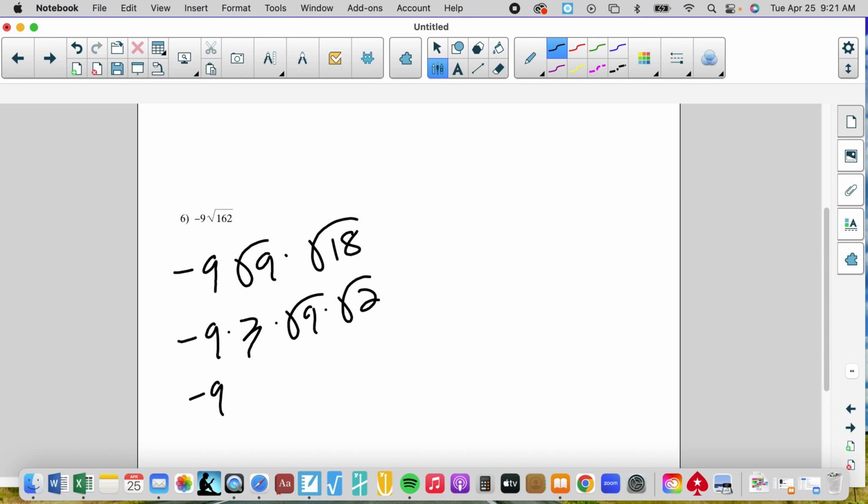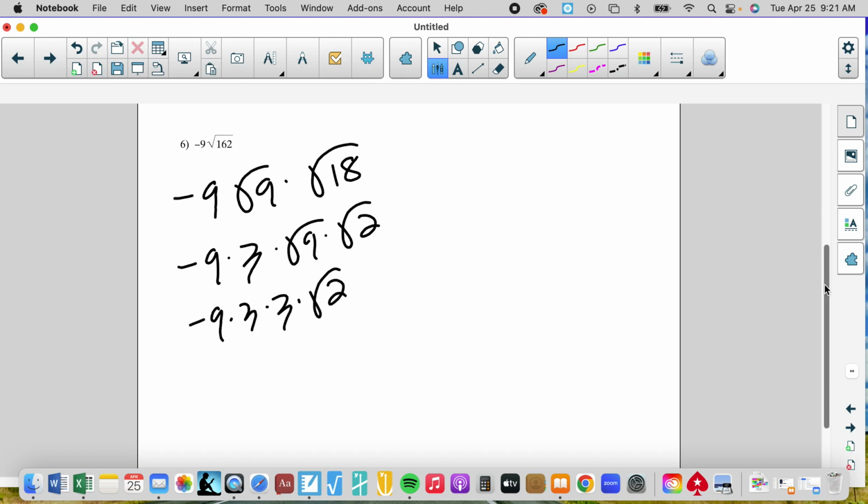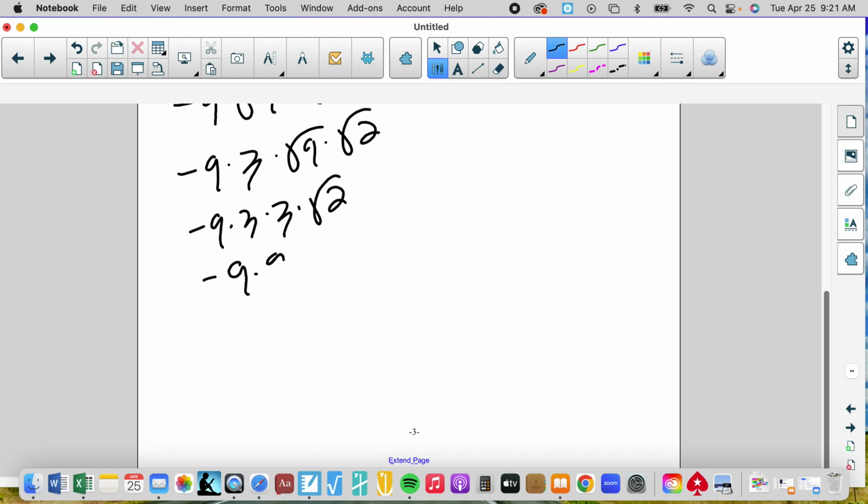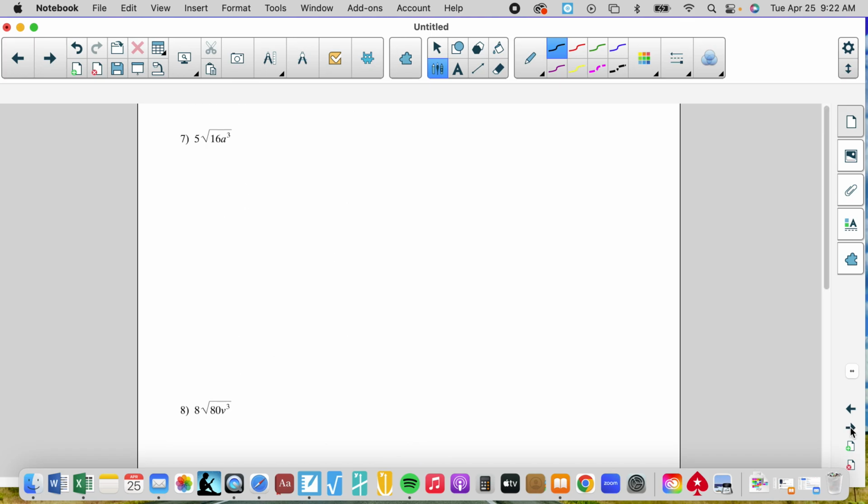So we get -9 times 3 times 3 times rad 2, which is -9 times 9 rad 2, which is -81 rad 2. I don't take the square root of -81 for 2 reasons. The most important reason is there's no radical around it, outside it. So we leave it as -81.